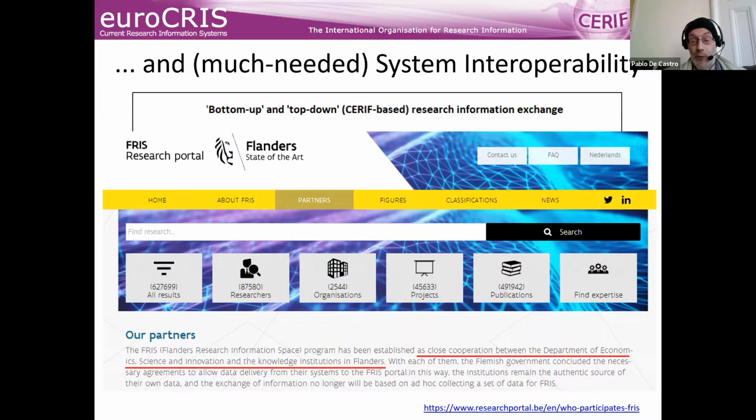So this comes from the aggregation of a number of universities and research centers in Flanders.